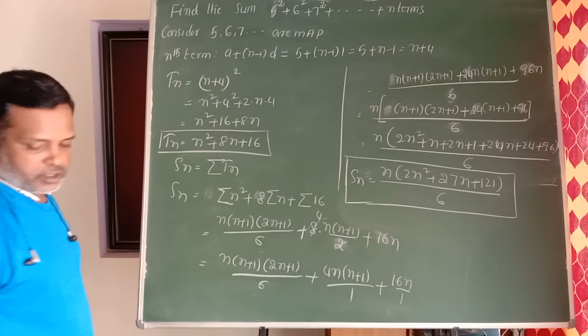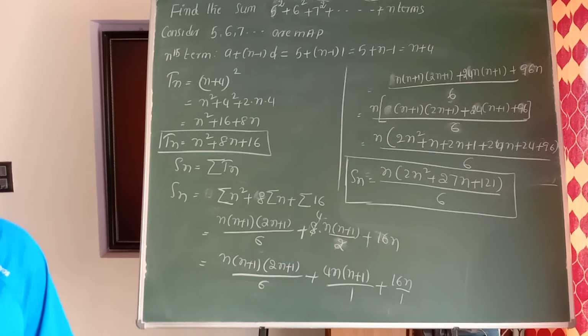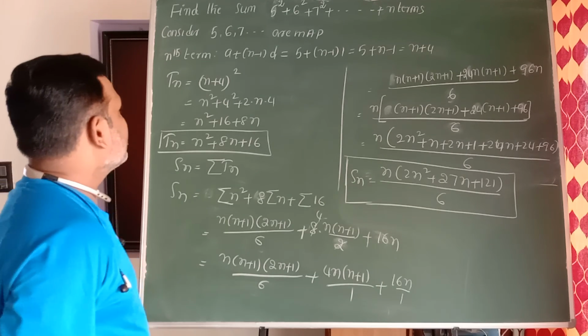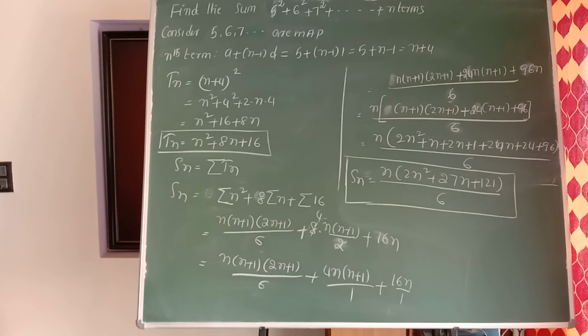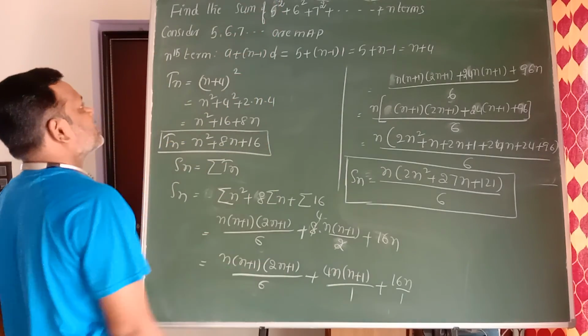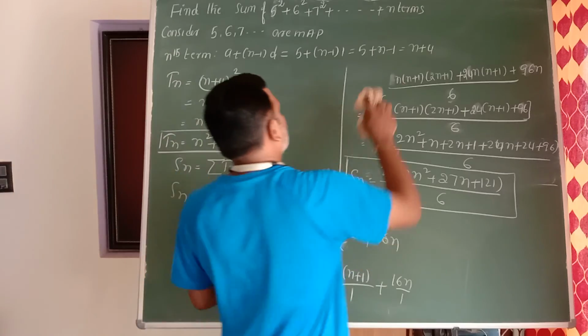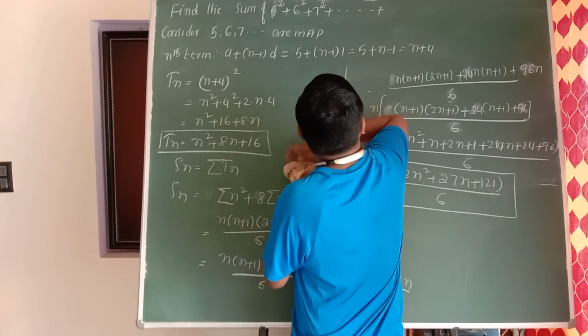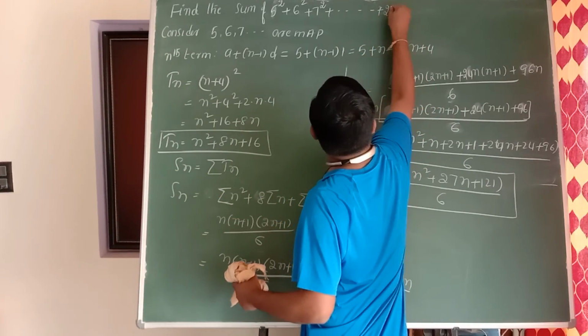Got my point? Suppose the question is like that: find the sum of 5 square plus 6 square plus 7 square up to 20 terms, nothing but up to 20 square.